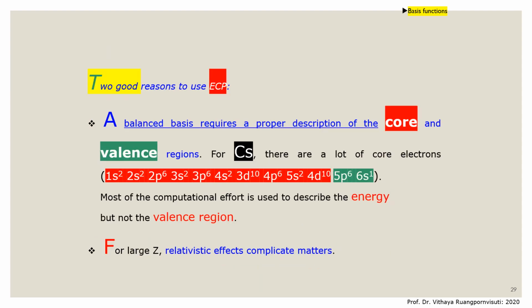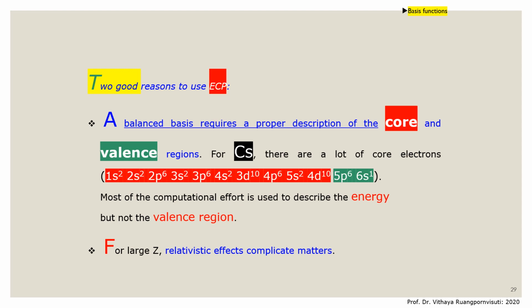There are two good reasons to use an ECP basis set. The first: a balanced basis requires a proper description of the core and valence regions. For cesium atoms, there are a lot of core electrons, as shown below.